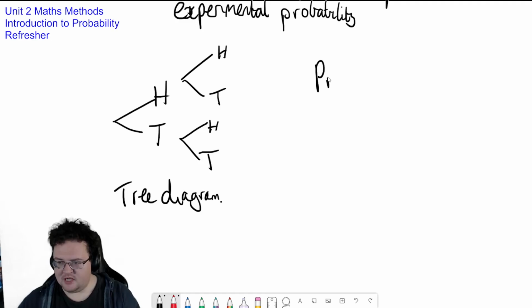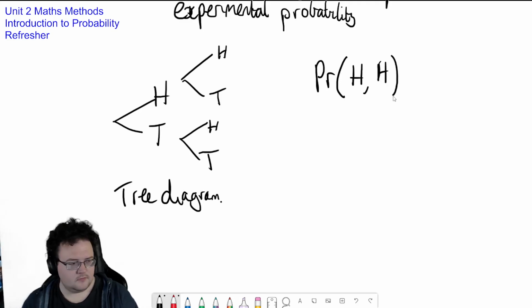If I talk about the probability of heads, then heads, I can look at my tree diagram. I can look at how many possible branches there are at the end, 4, and then I can look at how many branches actually lead me to the outcome that I want.